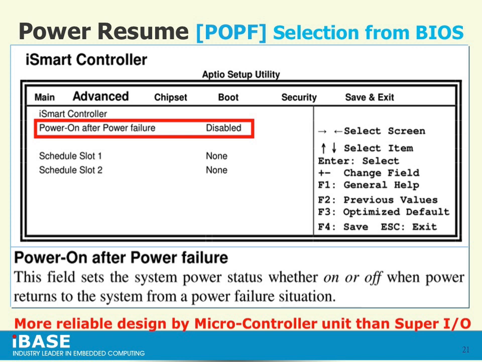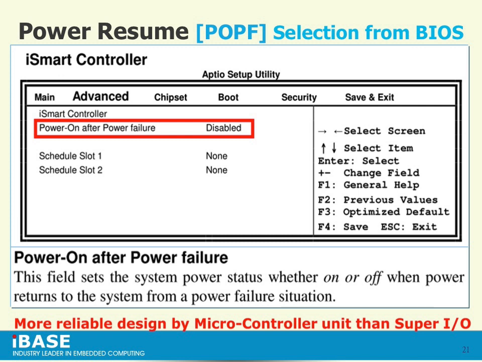The third function of the iSmart from our IB897 we call the power reserve. This means you can design the system power status for when the power may be off by accident, not as expected.